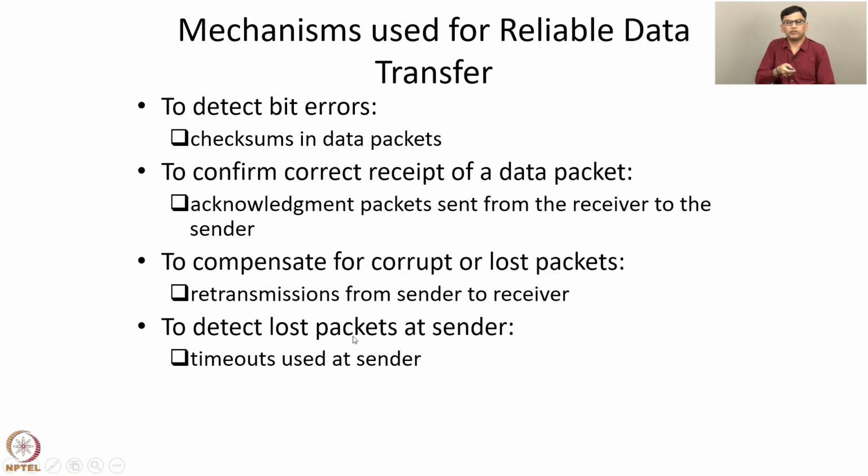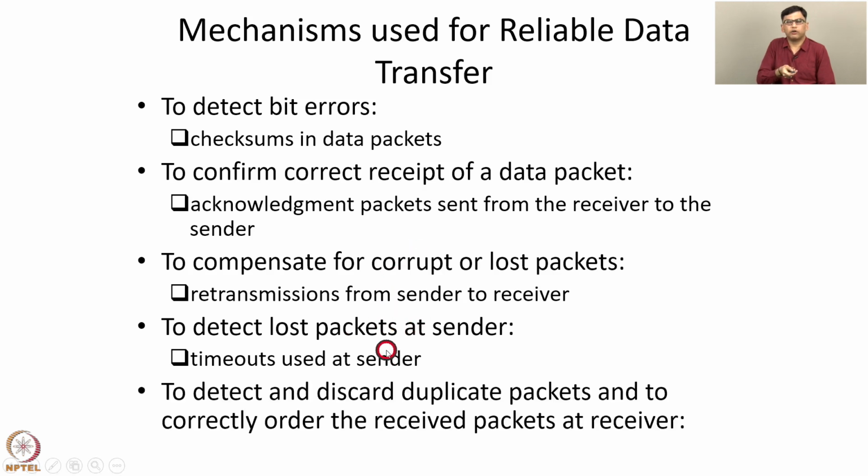So the timeout interval is set to an estimate of the time required for a data packet to go from the sender to the receiver and for the acknowledgement to come back from the receiver to the sender. And if the timer expires and still the acknowledgement has not been received, then the sender knows that the packet may have been lost and it can retransmit the packet.